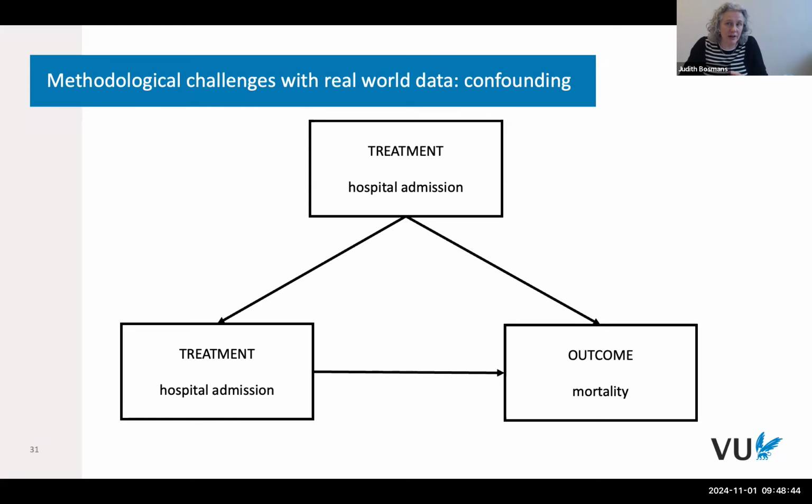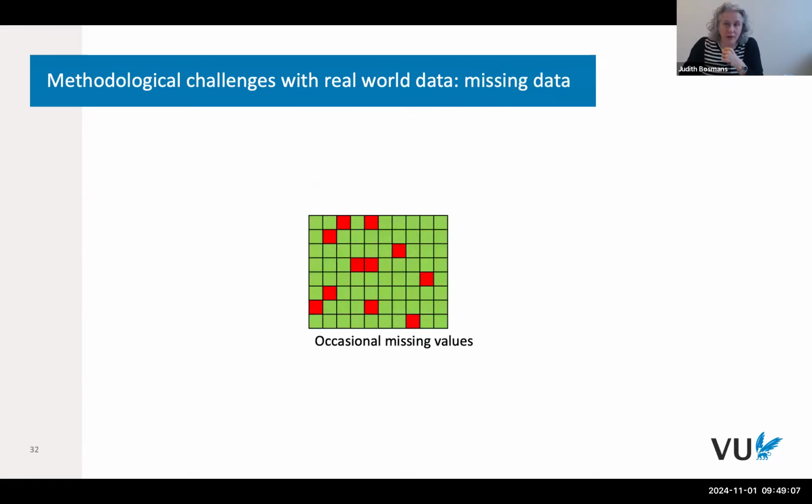So the underlying health conditions bias the relationship between hospital admissions and mortality. If you do not take into account that confounder, then you make very wrong conclusions, right? And we should close all hospitals, which does not seem to be a good solution to the problem. So you really have to deal with confounding.